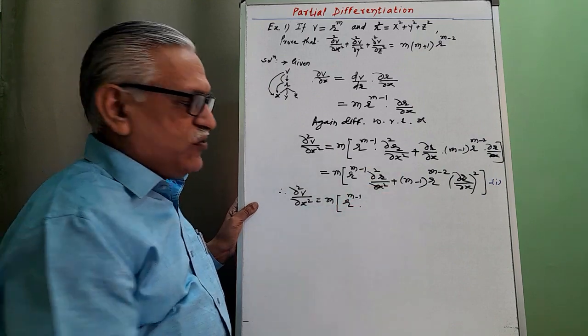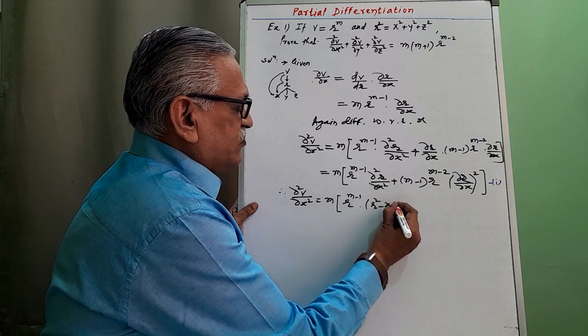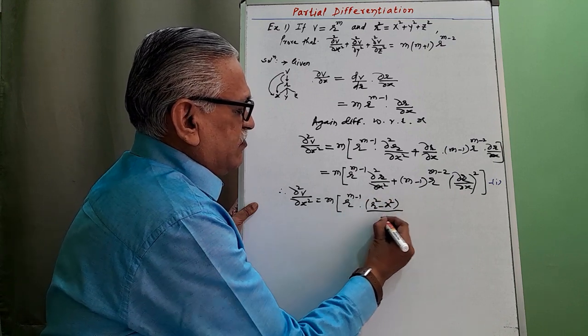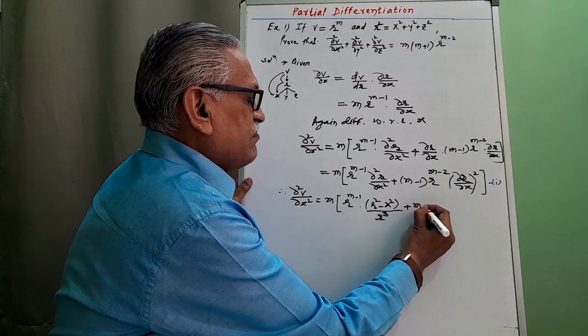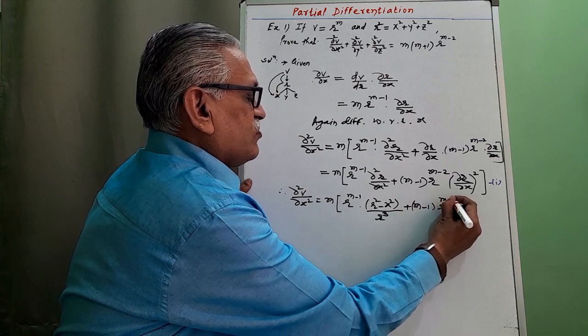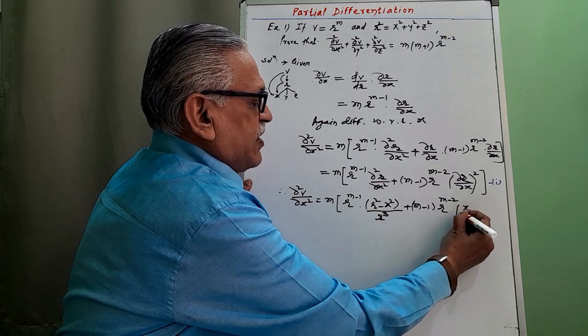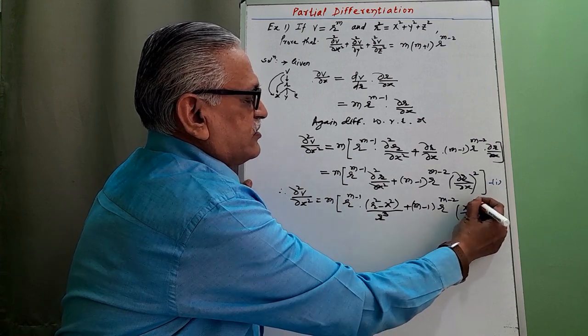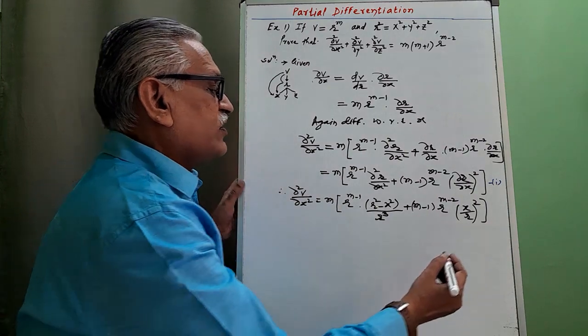The value of dou 2r by dou x square is r square minus x square divided by r cube plus m minus 1 r raised to m minus 2. The value of dou r by dou x is x by r and its square. We call this equation 2.